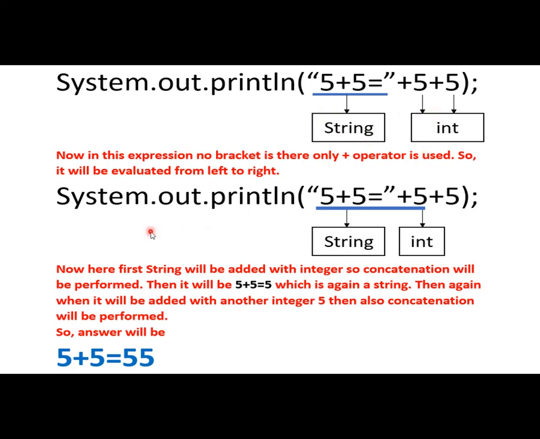First the string will be added with one integer, so which kind of operation will be done? That is concatenation. So concatenation gives 5 plus 5 equal to 5, which is again a string. Then when this string is operated with another integer 5, again concatenation is done. Then the output is 5 plus 5 equal to 55.